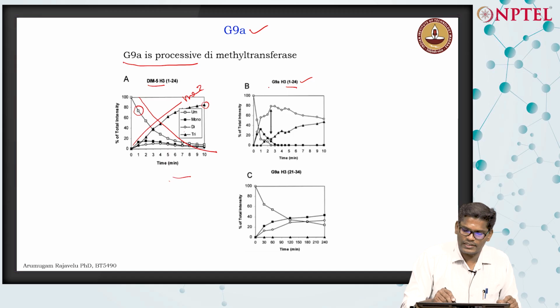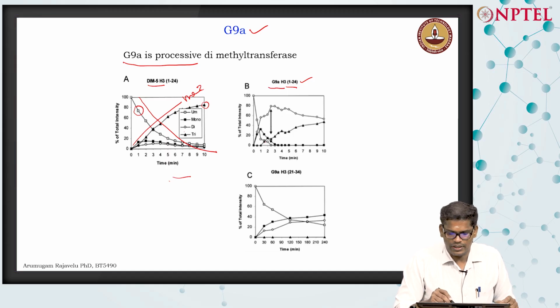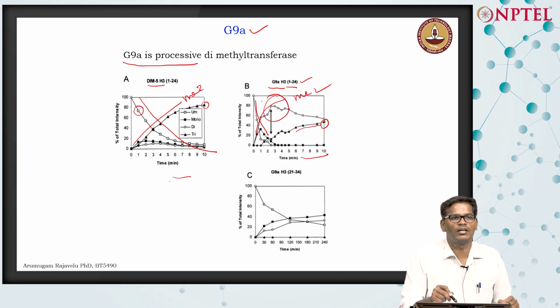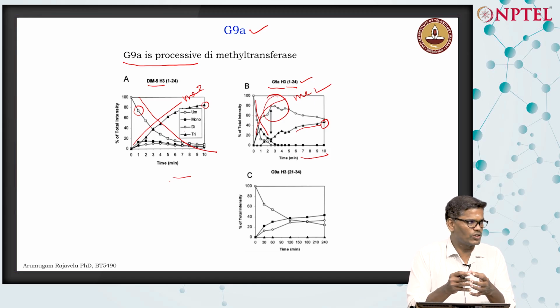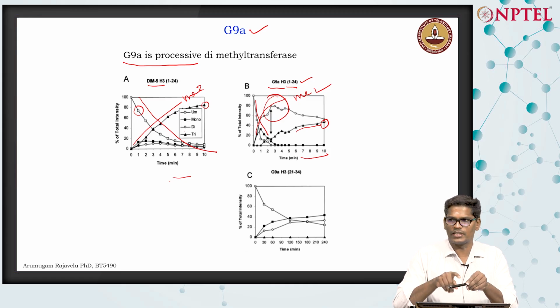When they conducted the same assay with G9A, you see the unmethylated peptide level comes down, but only dimethylated peptides rise and Me3 slowly comes on. When they incubate for a really long time, Me3 may appear, but the major population is dimethyl. So the enzyme pocket is very important. It evolved with a small pocket, because if the same enzyme introduces three methyl groups, the pocket should be highly dynamic.